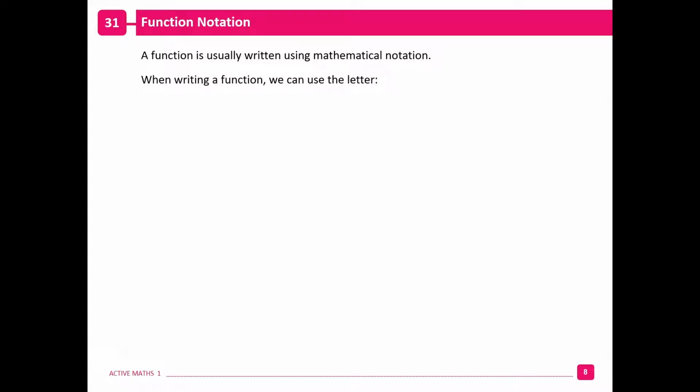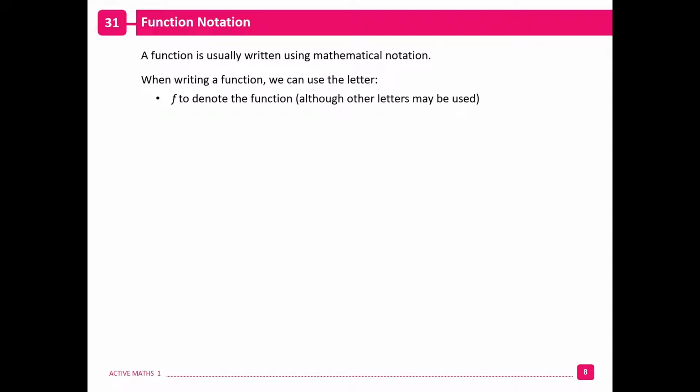When writing a function, we know that we use the most common letter of f, a small lowercase f, and that denotes the use of a function. Remember, denote means describes or labels a function.